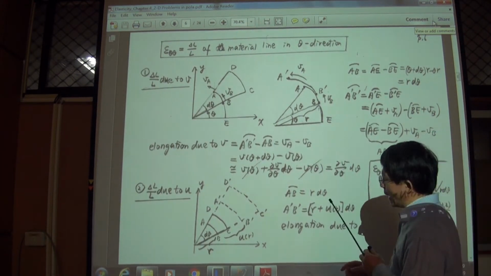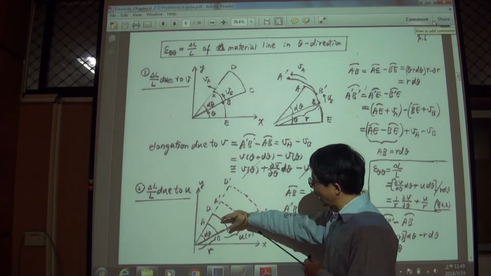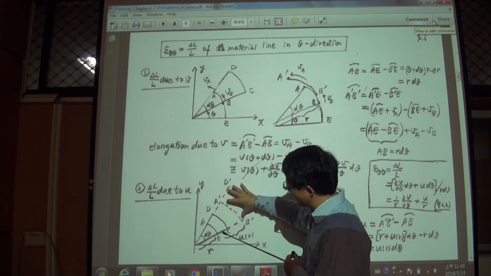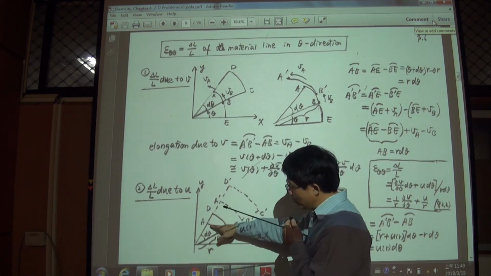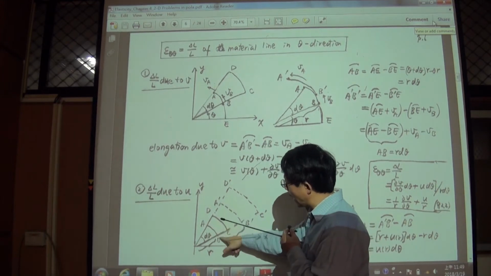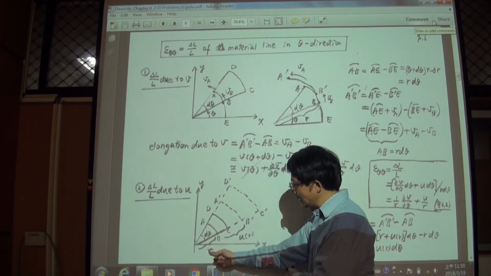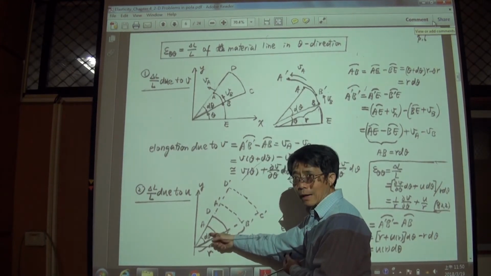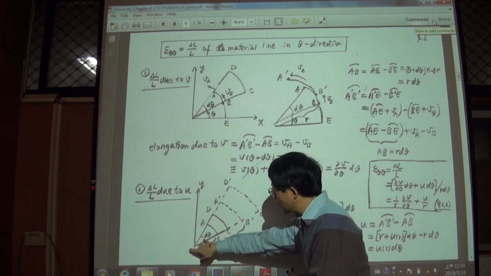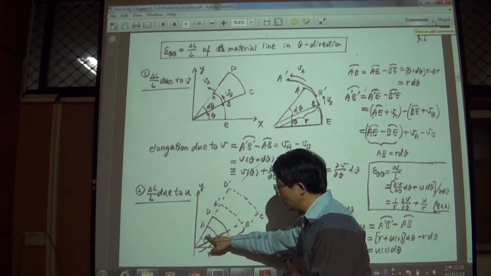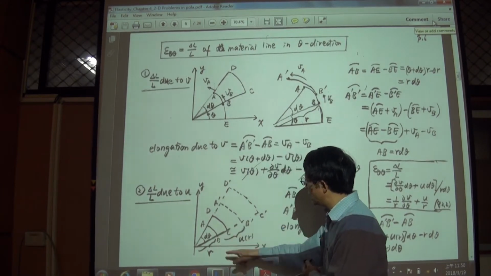Now let us look here. We want to calculate the material line after the deformation and before the deformation. Before the deformation, it is AB, and the length is just R times theta. The radius times the angle gives you AB.